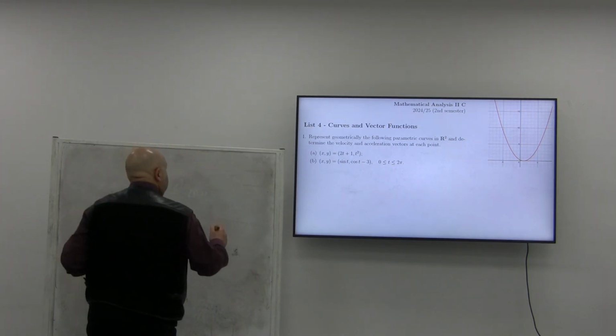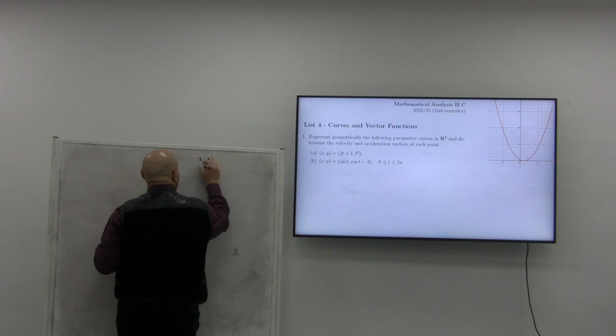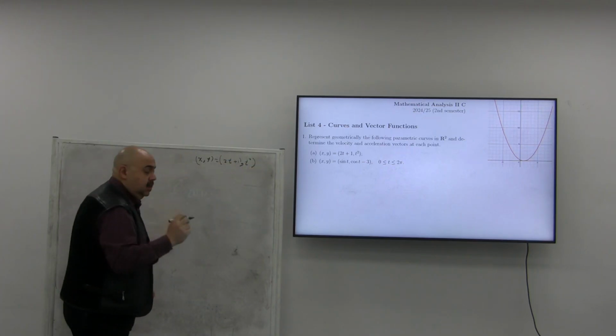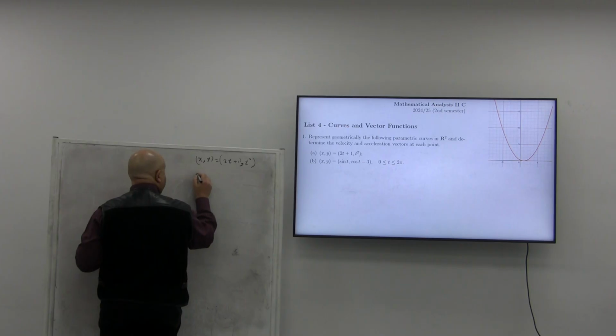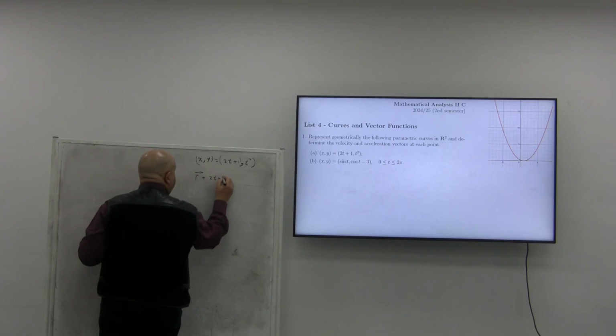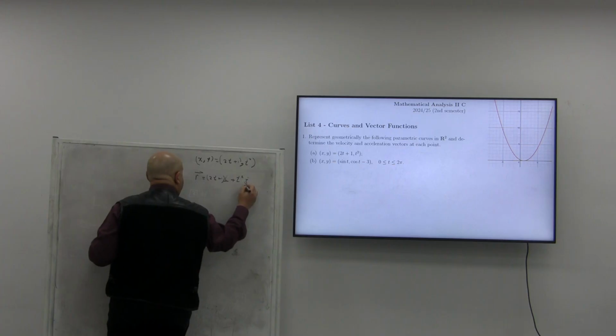So if I have x and y, which equal 2t plus 1 and t squared, let's start, this is r. So in vector form, it's going to be 2t plus 1 in i plus t squared in j.